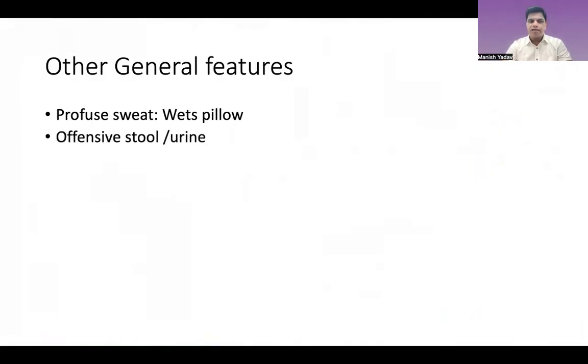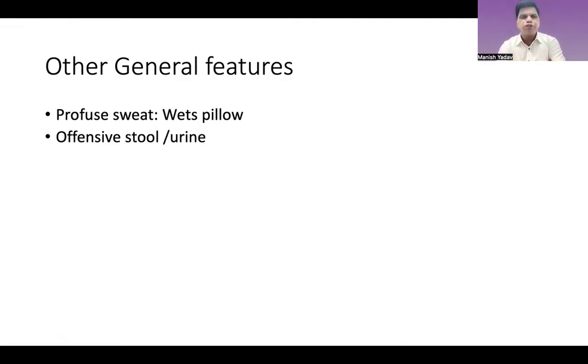Now, what about other general features? Sweating, profuse sweat wets the pillow like Calcarea phos, Sanicula, Silica. But along with that, they will have offensiveness, offensive stool and offensive urine. How do you know that? The mother will come and tell you. Maybe you are giving Sanicula or Calcarea phos to the child, but the mother will come and tell you, doctor, now things are better, but you know what?